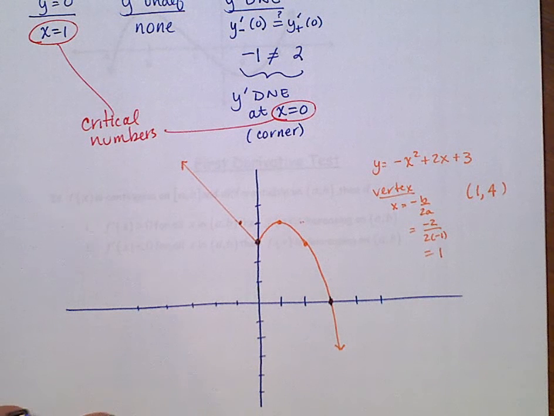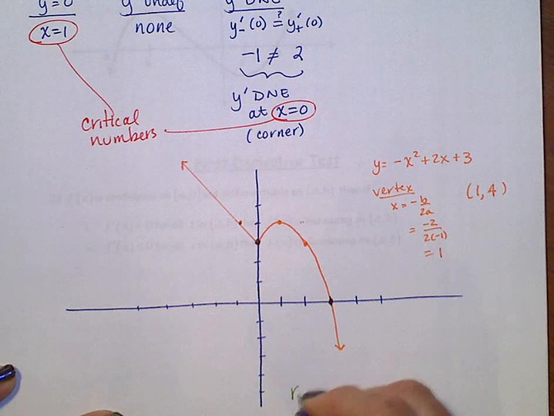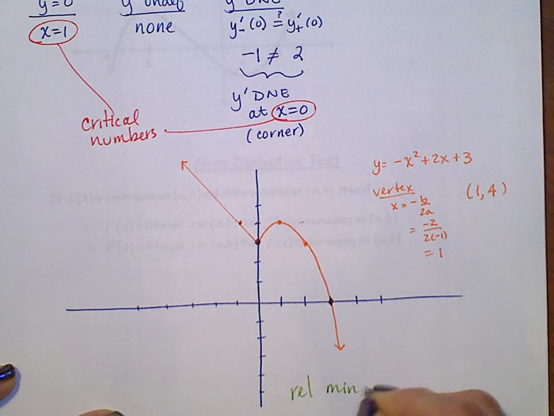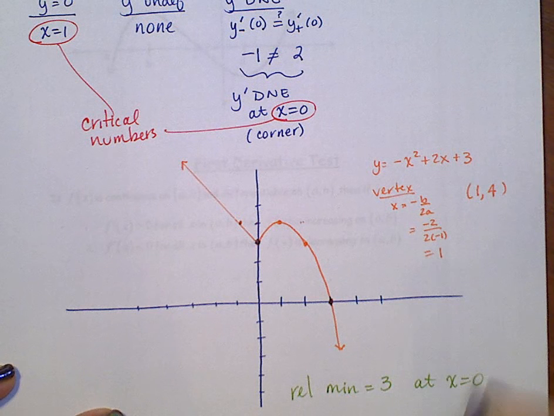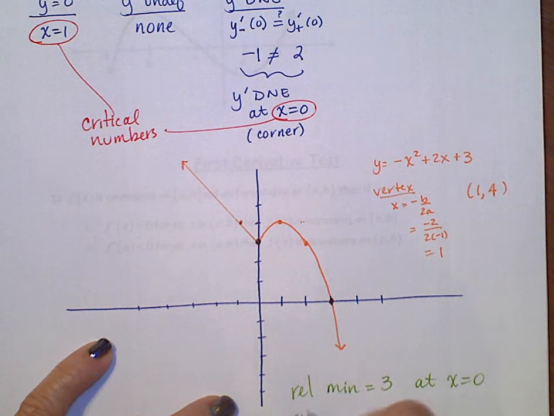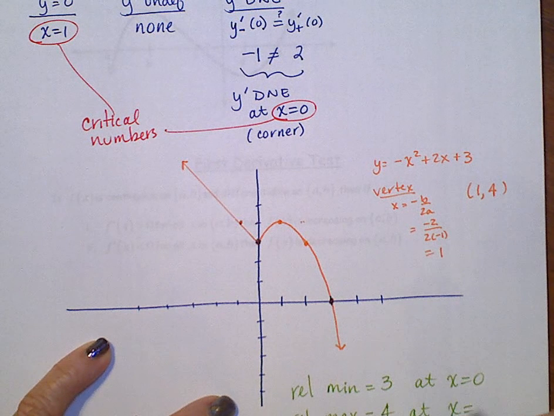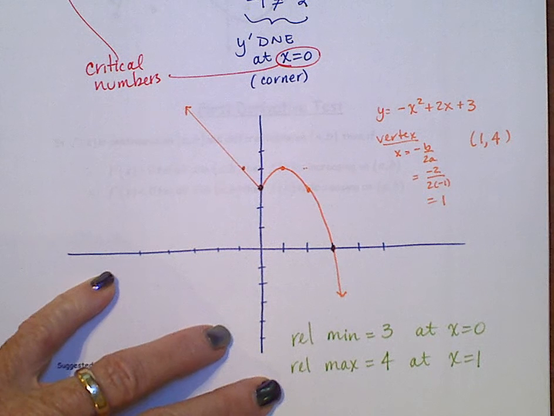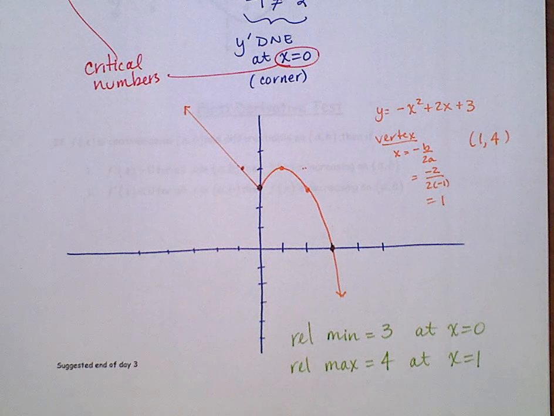We have a relative minimum equal to 3 at x equals 0. And there is a relative max equal to 4 at x equals 1. And that finishes up section 4.1.